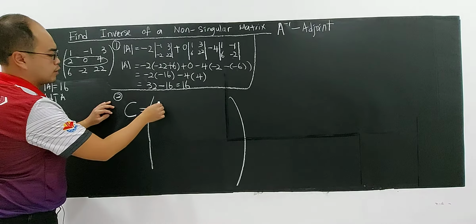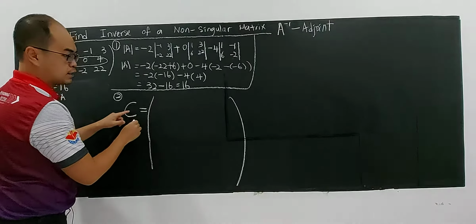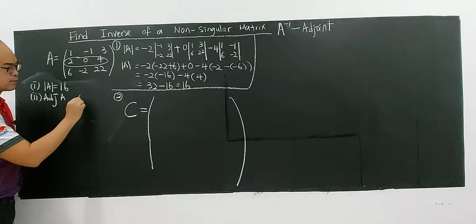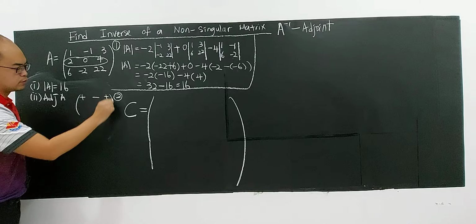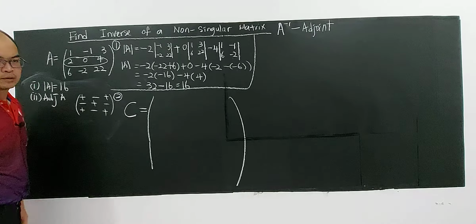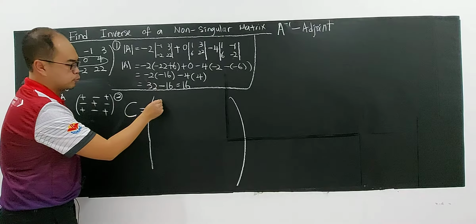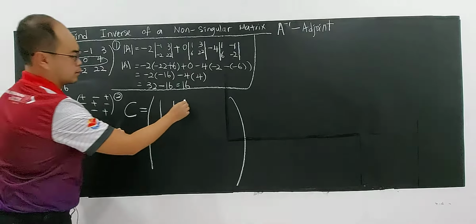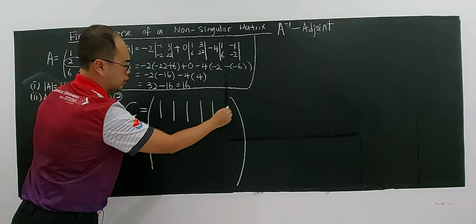So for the cofactor matrix, you have sign, right? The sign for the cofactor matrix is positive, negative, positive, negative, positive, negative, positive, negative, positive. So very simple. And you put all the minors first for all the elements, one by one.